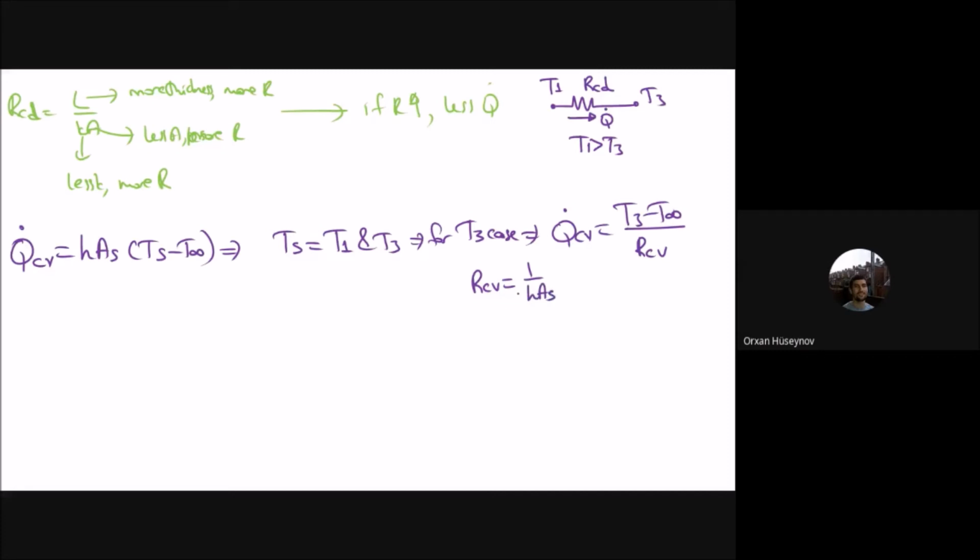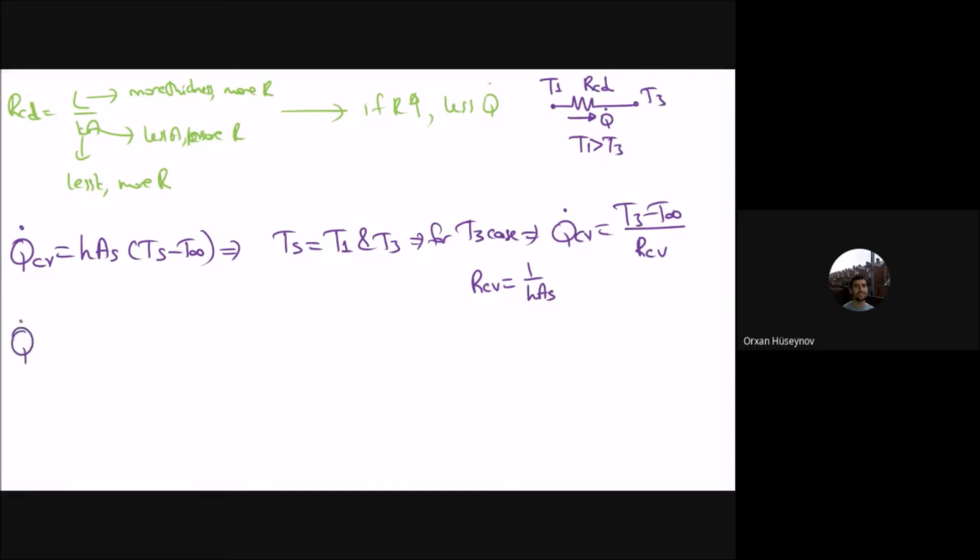Therefore, the resistance in convective heat transfer depends on the convection coefficient h as well as the surface area, which is very similar to k and A here. The only part that you are not considering is this length. This one is for the convection.